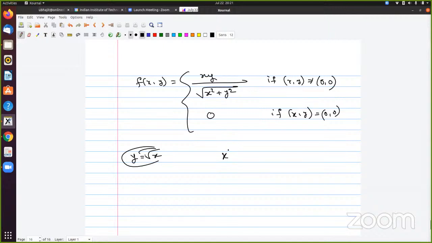This is x power 3 by 2. If you take any m outside, so it is m, m square. Again, x will be there, as you can see. The root x will cancel out, and some x will be there. Yes.